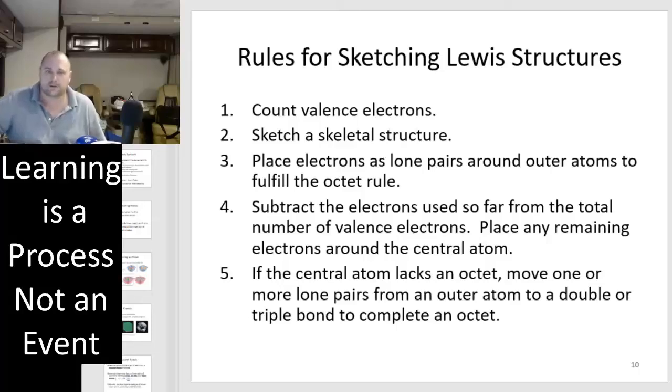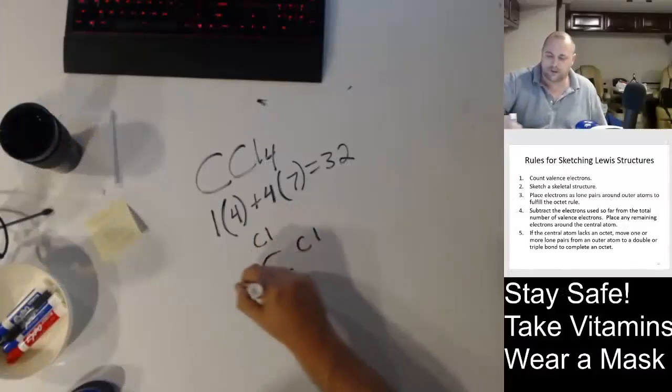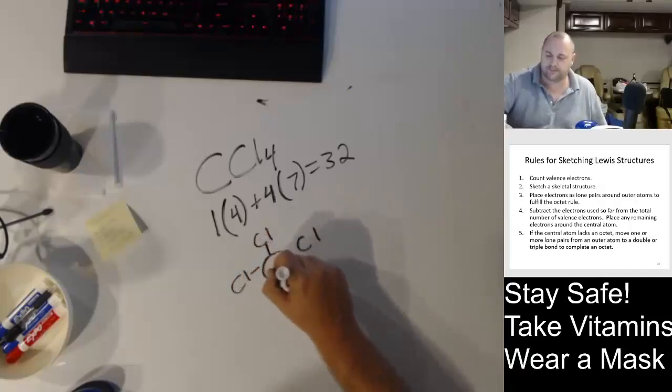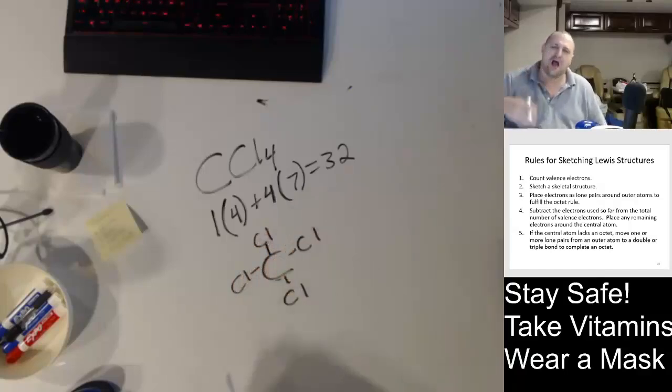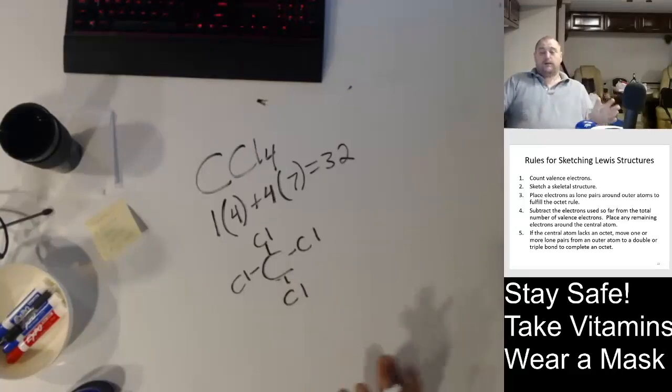All right. Carbon in the middle, a chlorine on either side of my box. I'm going to connect them. Now, we should have 32. I just used 4, but here's what I'm going to do. I'm going to think ahead on this.